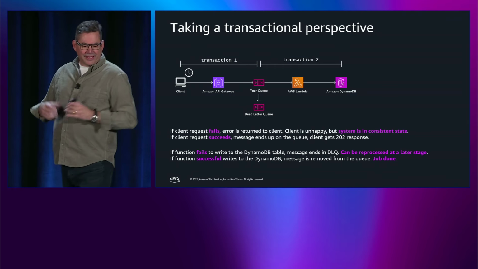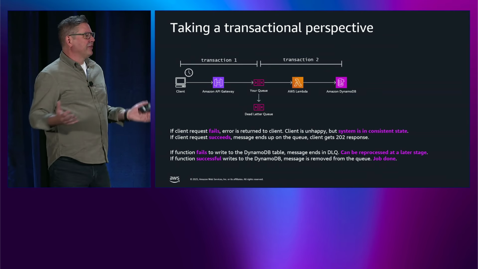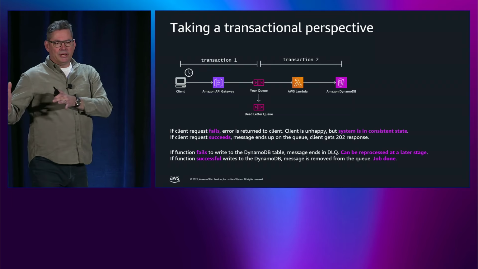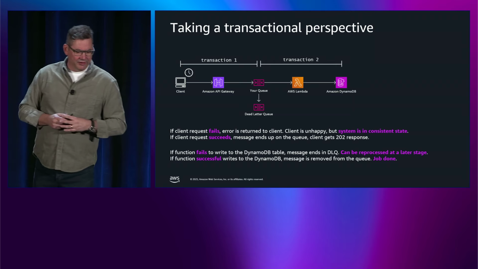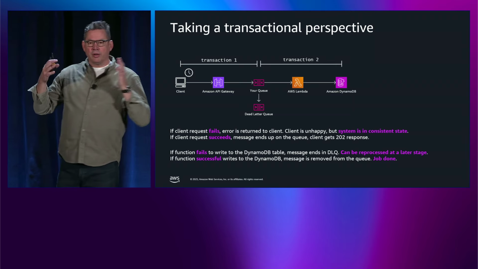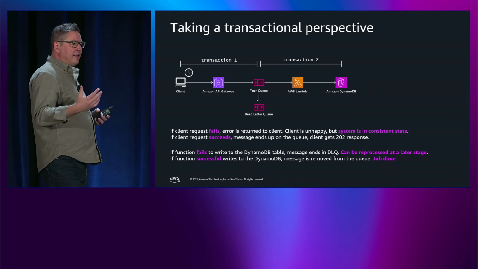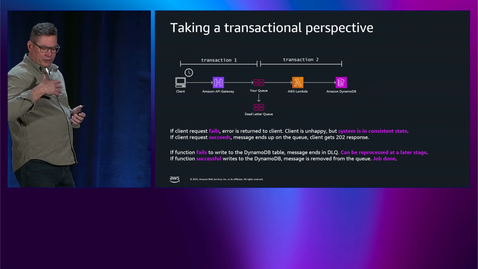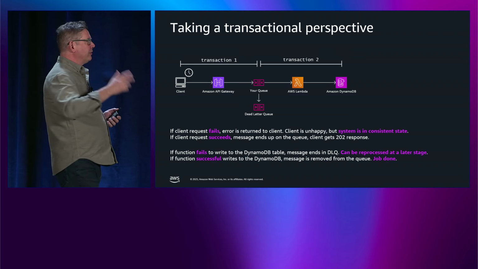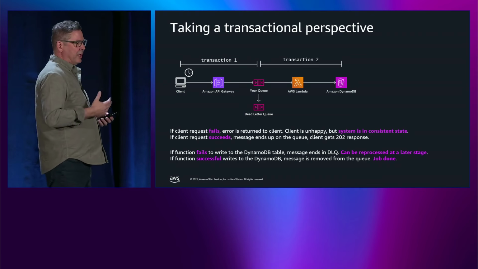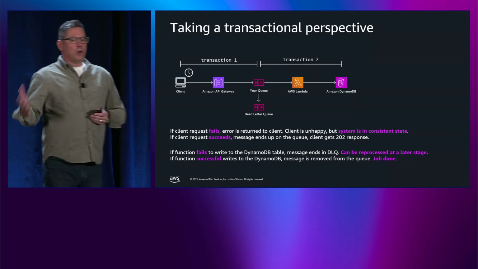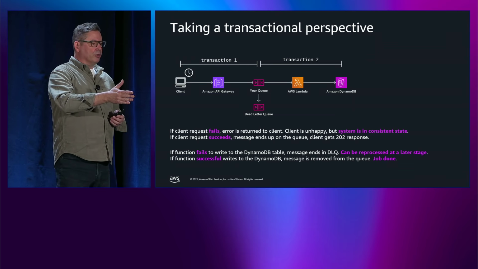So our next transaction is actually writing and taking that record and actually putting it into the DynamoDB table. Again, because we've got a queue, we've got a temporary buffer. So any potential failures that occur around writing that information to the database will only just put that request back on to the queue.